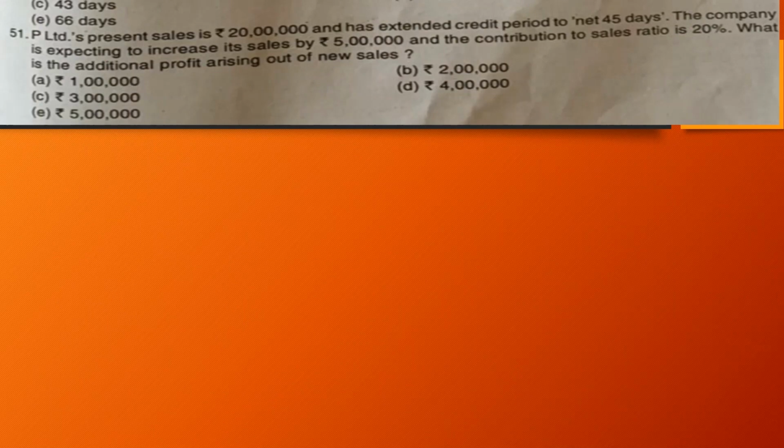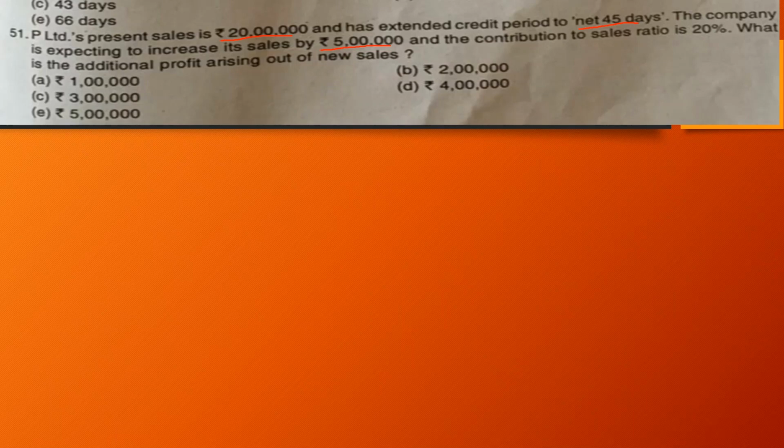The next question is: P Limited's present sales is 20 lakhs. तो present sale दिया है 20 lakhs and has extended credit period to net 45 days. तो उन्होंने credit period कितना किया? Net 45. The company is expecting to increase its sales by 5,000. तो sales कितना बढ़ने वाला है? 5,000 and contribution to sales ratio is 20.